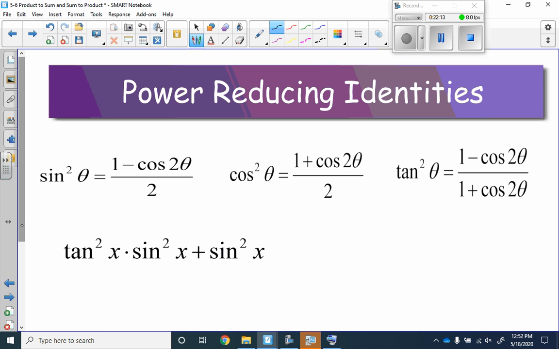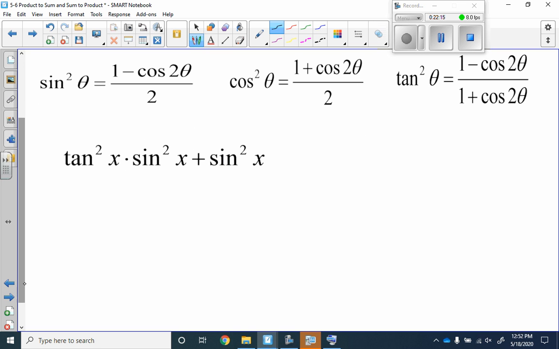Alright, let's take a look at this one here, tangent squared times sine squared plus sine squared. So there's a lot going on.